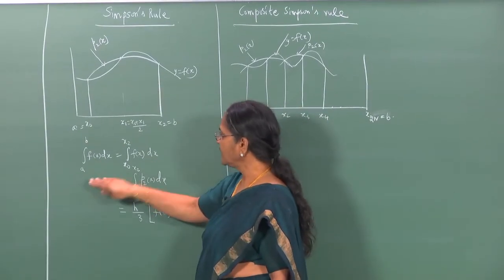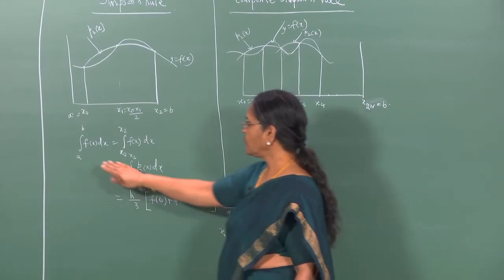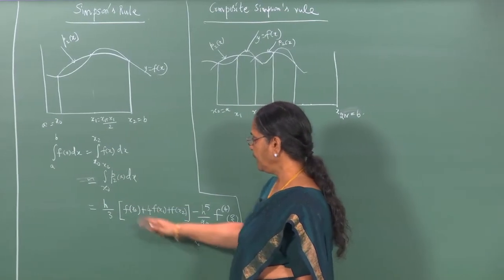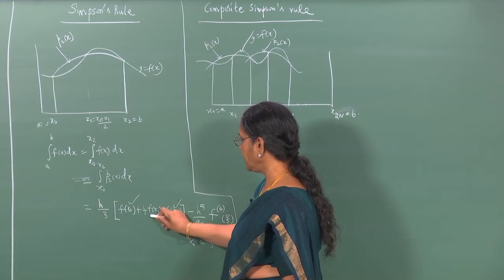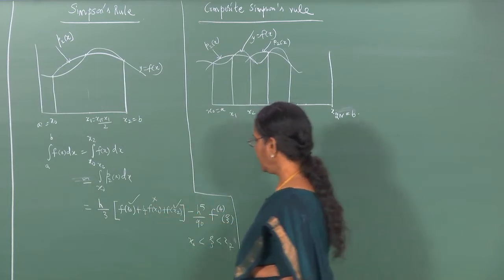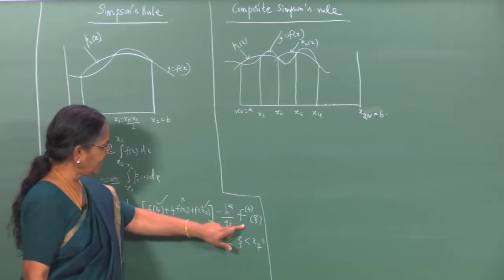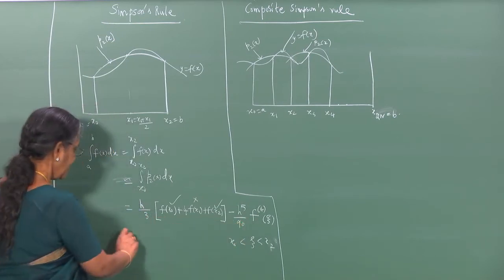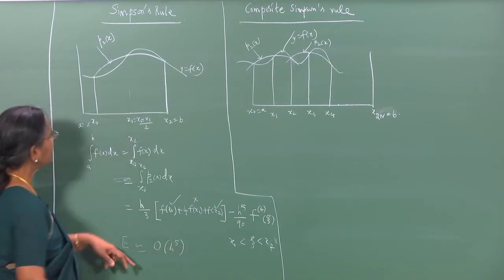This resulted in Simpson's rule such that integral a to b f of x dx is given by h by 3 times the sum of the end ordinates plus 4 times the intermediate ordinate, plus the error term, showing that the error E is of order h to the power of 5 in Simpson's rule.